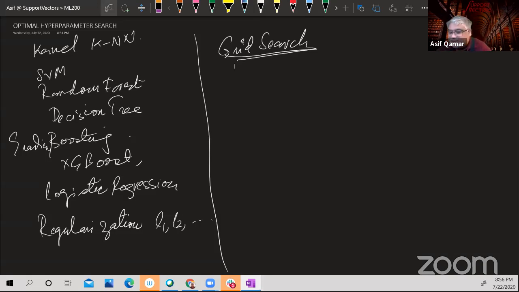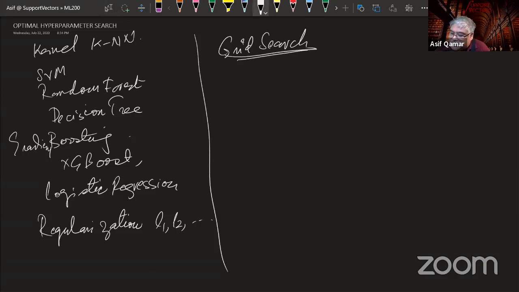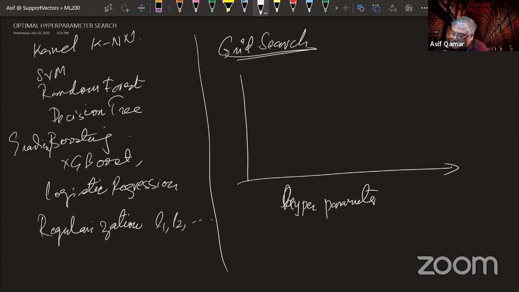So what does grid search do? Suppose you have two hyperparameters, let me call them hyperparameter 1, HP1, and hyperparameter 2. These can take arbitrarily many values, and I'll take a continuous variable, let us say.